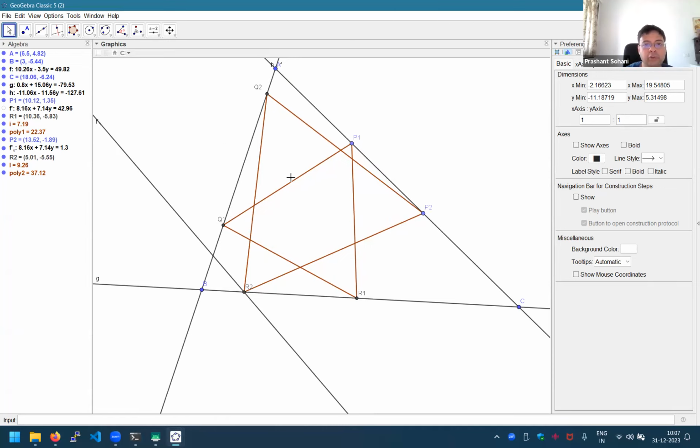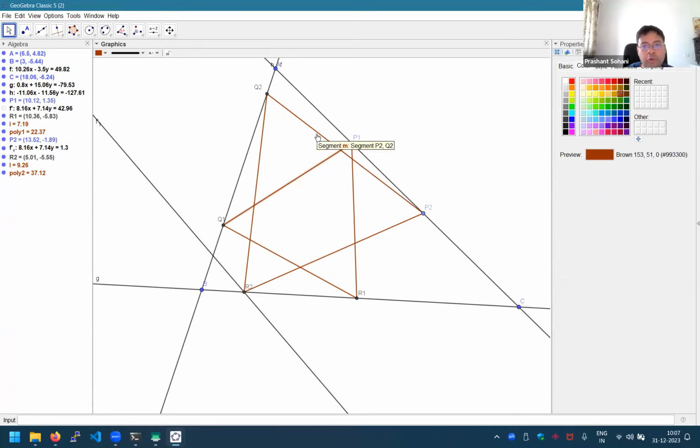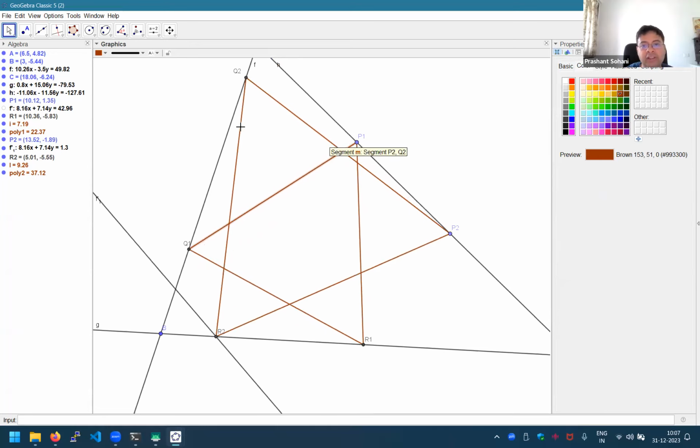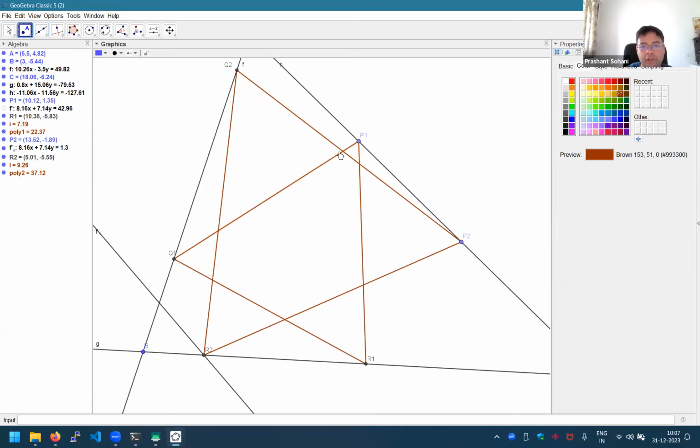Like P1, Q1 after rotation becomes P2, Q2. So the angle formed between these two lines has to be my angle of rotation, right? So this angle which is formed here, Q1, D, Q2, if I apply that same angle and I draw an arc around points P1, P2, then that will give me my locus, right?